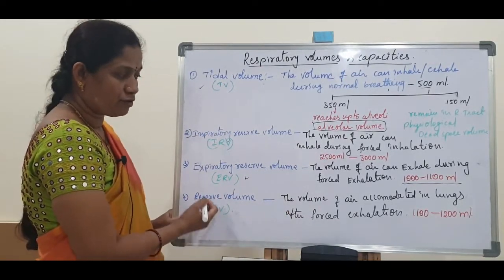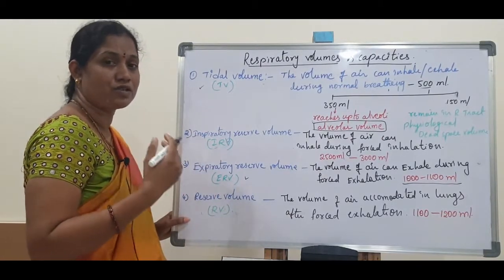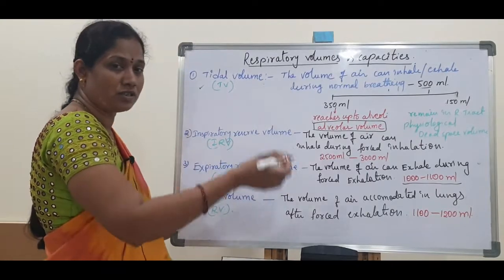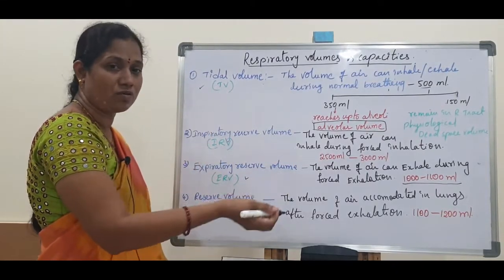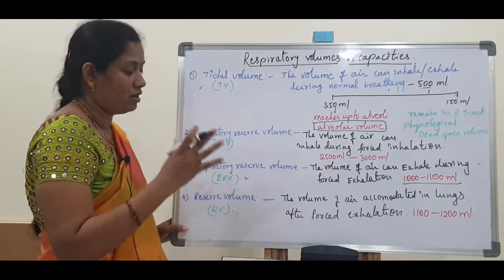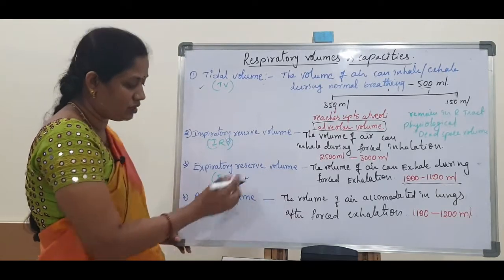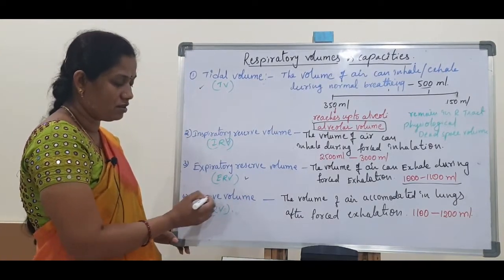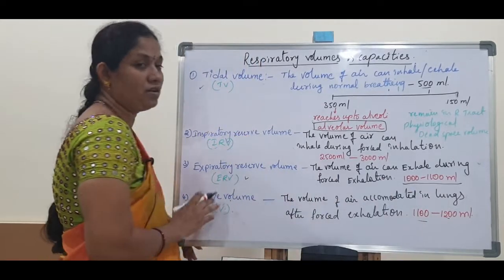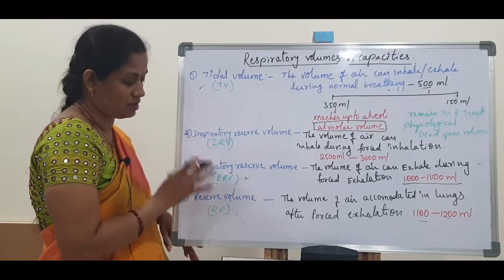Next, during very forcible exhalation, the expiratory reserve volume also comes out. Still some amount of air is present in the lungs. That amount is called residual volume. It is about 1000 to 1200 ml. So these are the respiratory volumes.